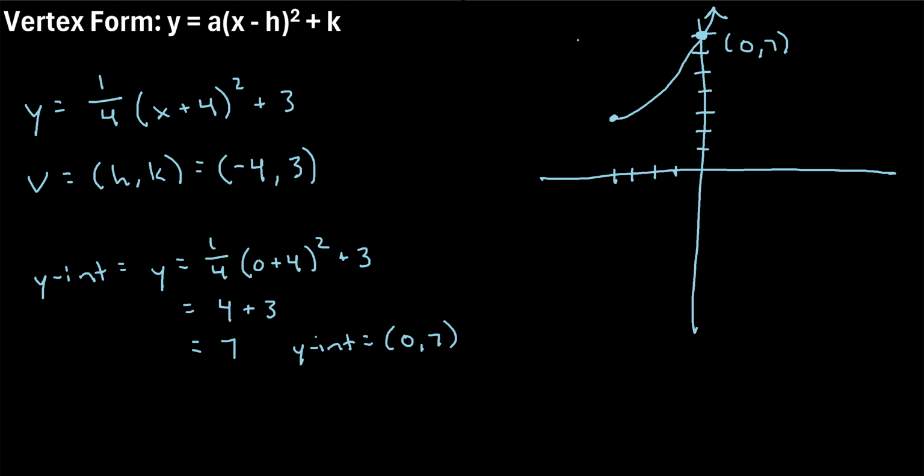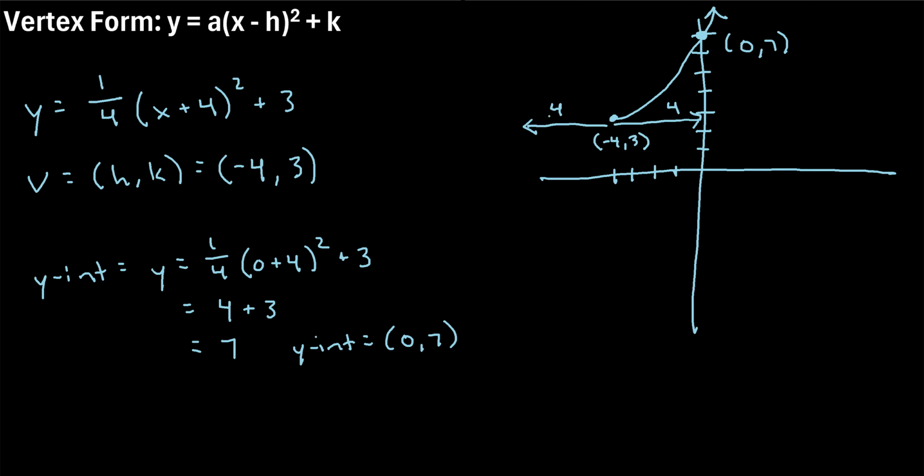Now to find the point over here on the left-hand side, we just need to ask ourselves, to go from the vertex to the y-intercept, what did we have to do? Well, remember the vertex is negative 4, 3. So to get to this y-intercept, we had to go 4 in this direction. So to find the point that is symmetrical on this left-hand side, we need to go 4 in this direction.